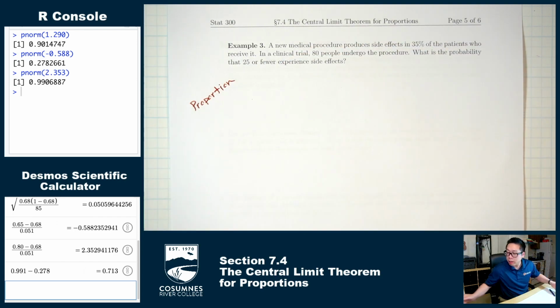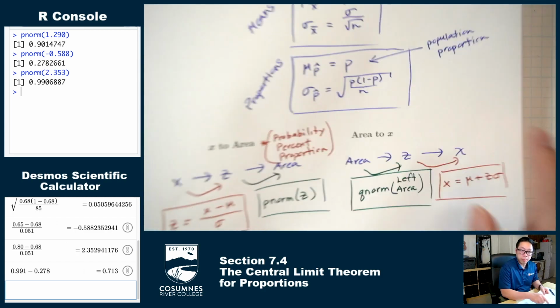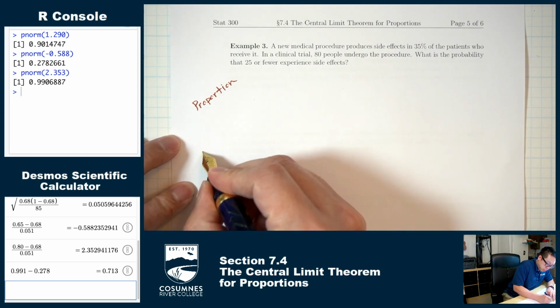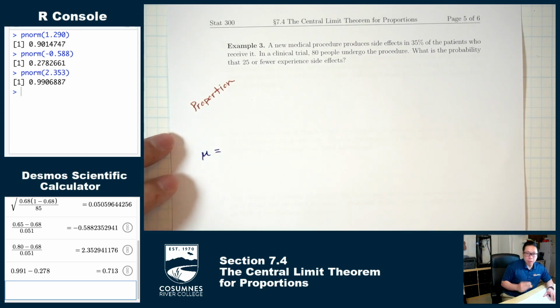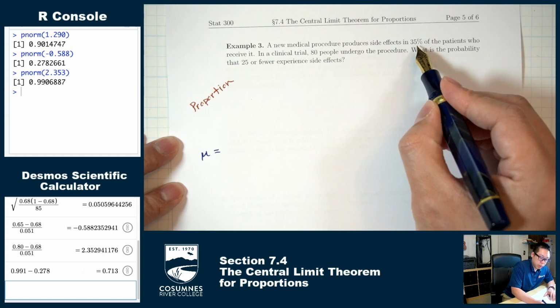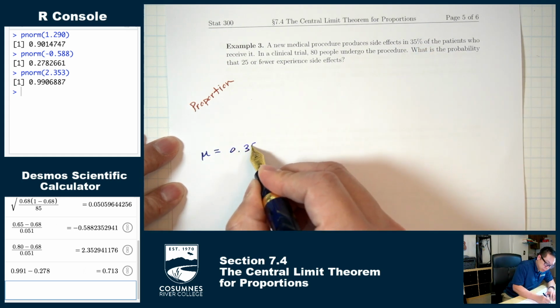And then let's go ahead and write down the mean we're supposed to use and the standard deviation we're supposed to use. So the mean we're supposed to use is the population proportion. We're talking about people who experience side effects here. So what proportion experience side effects? 35%. As a decimal, that's 0.35.